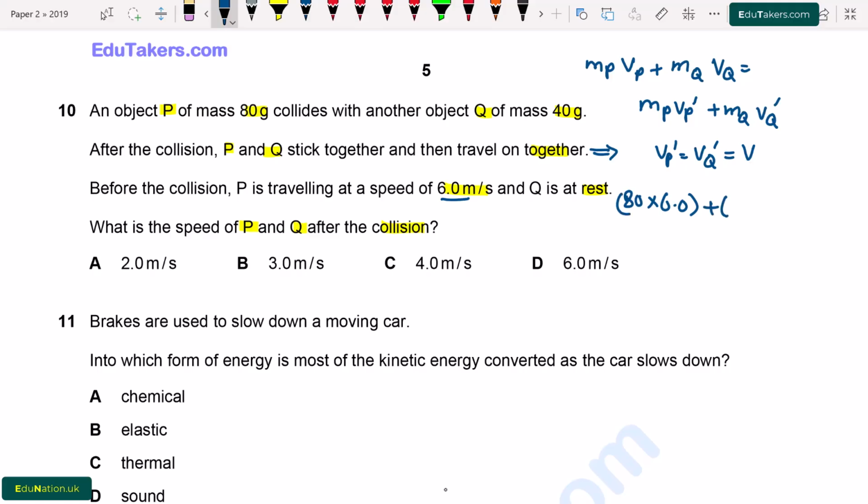Plus, for the object Q, mass is 40 gram multiplied by speed, which is 0 because the object Q is at rest. It will be equal to mass of P plus mass of Q multiplied by V, because now here is a common speed.